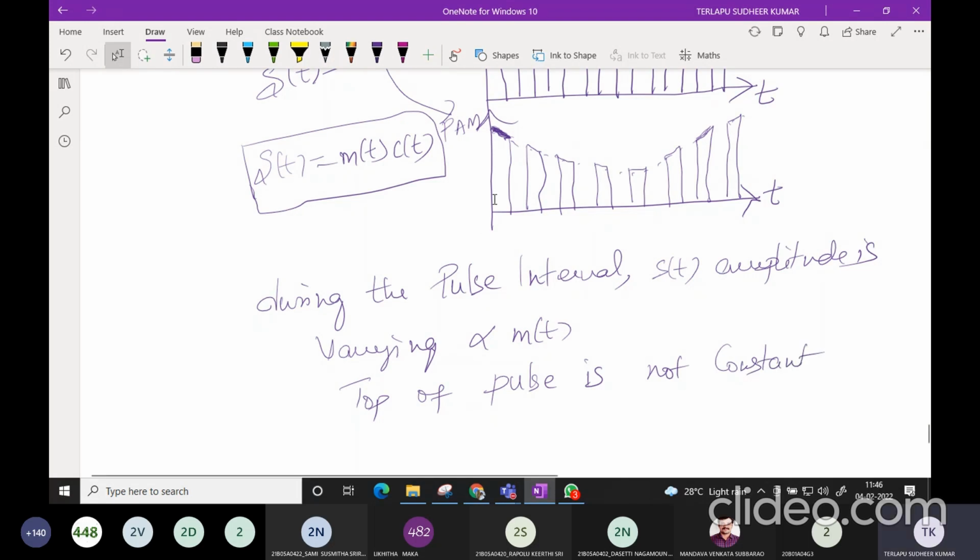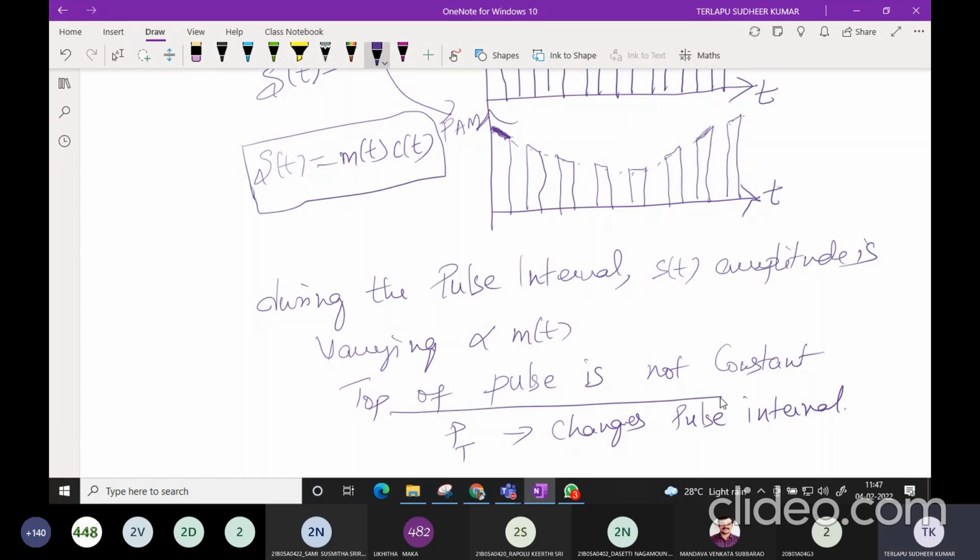That means during the pulse interval, the power transmitted also varies, because the top of the pulse is not constant.